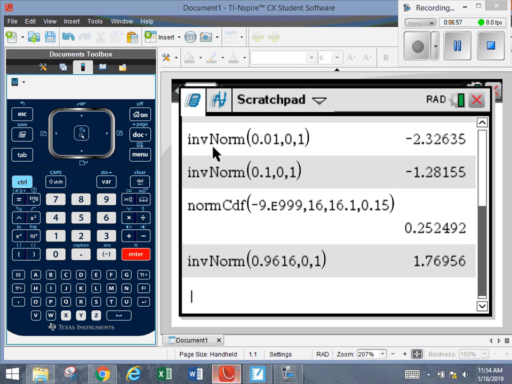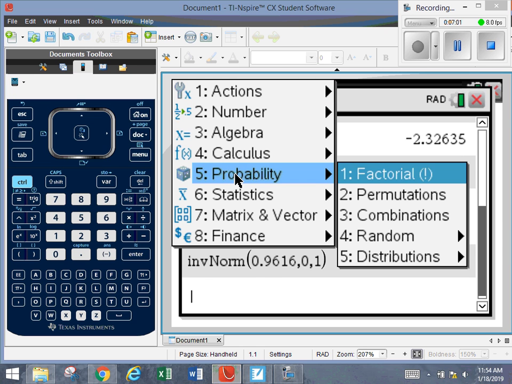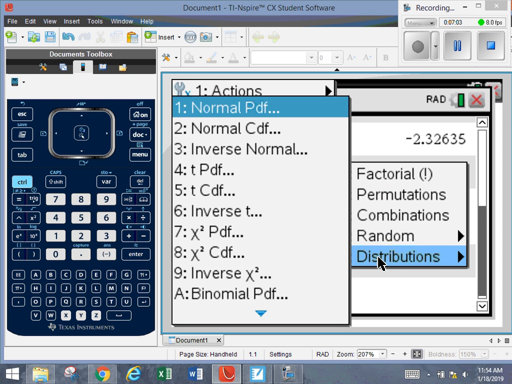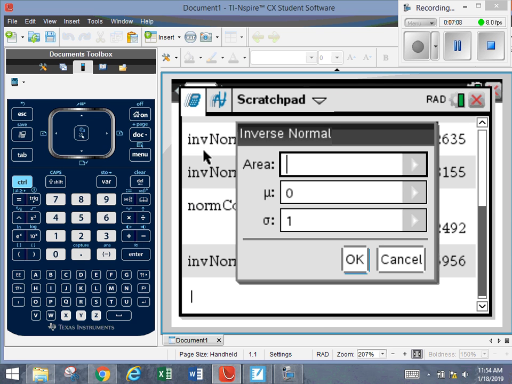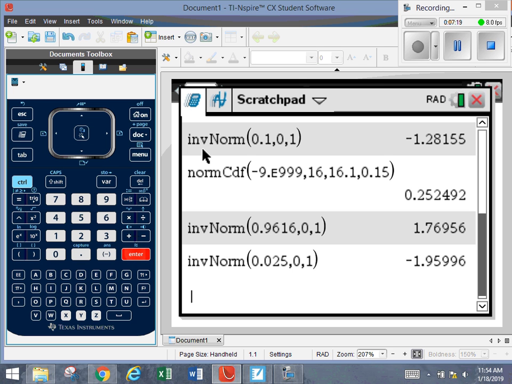Again, I'm going to use the inverse normal. I go to menu, probability, distributions, and choose inverse normal. Now our area is 0.025, mean 0, standard deviation 1, because we're looking at a standard normal distribution. I get a z-score of around negative 1.96.